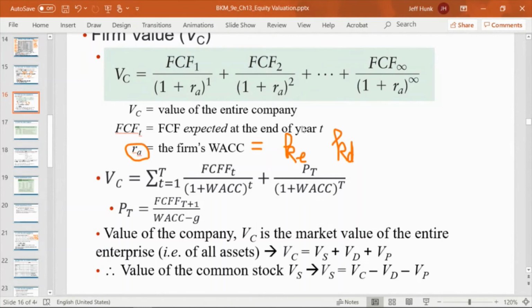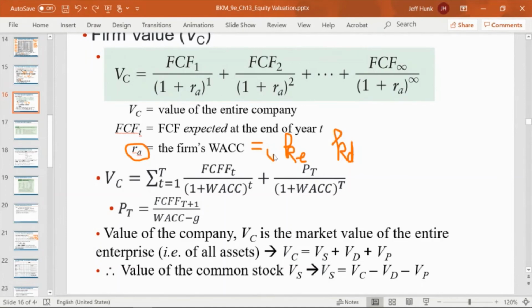Well, it's exactly the capital structure of the company. It's the proportion of equity in the total capital, proportion of debt in the total capital. So that proportion is the weight.